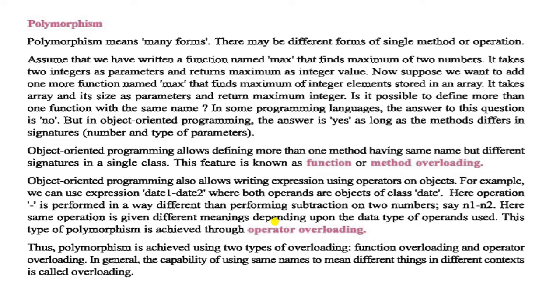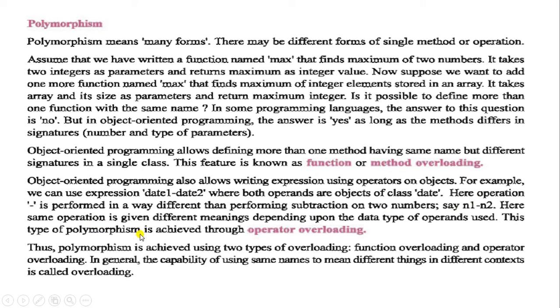Now here the subtract operation is performed in a way different from performing subtraction on two numbers, say n1 minus n2, for example two numbers like 100 and 50. That is one thing, and date1 minus date2 is different. It is a different operation.